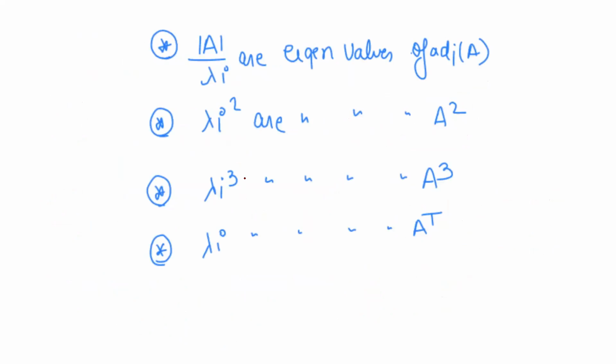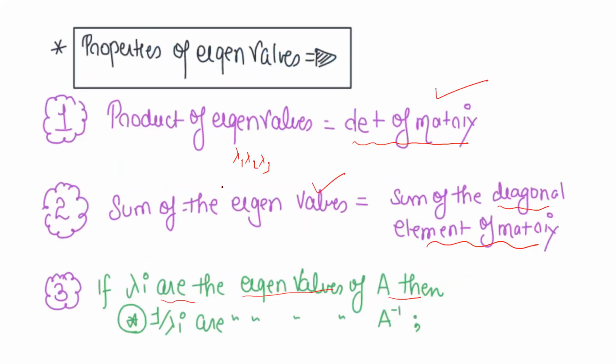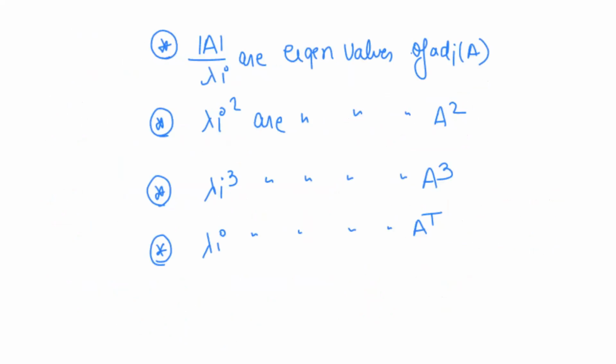Next, mod of A divided by lambda i are the eigenvalues of the adjoint of A. Lambda i square are the eigenvalues of A square. Similarly, for cube, the cube of the eigenvalues will be the eigenvalues, and lambda i is an eigenvalue of A transpose.